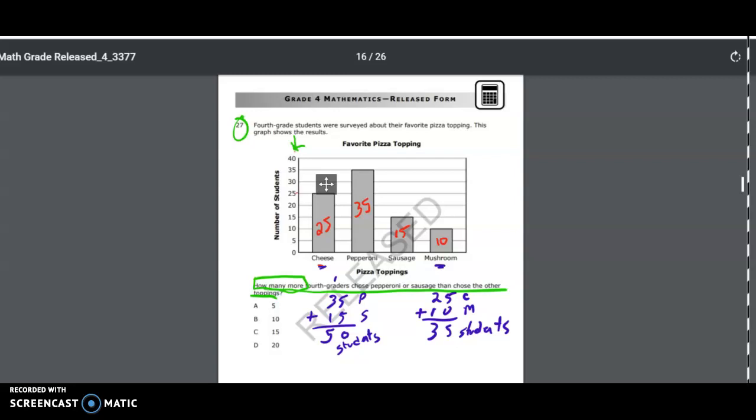That means you are subtracting the bigger number minus the smaller number. 50 minus 35. Okay, 0 minus 5 you can't do, so you have to ungroup right here. That becomes 4 tens. That becomes a 10. 10 minus 5, 5 in the ones column, 4 minus 3 in the tens column, that gives you 15. So 15 students is the difference. 15 more students chose pepperoni or sausage than the others. And your answer is going to be C for that one.